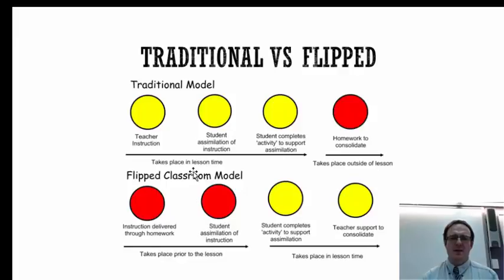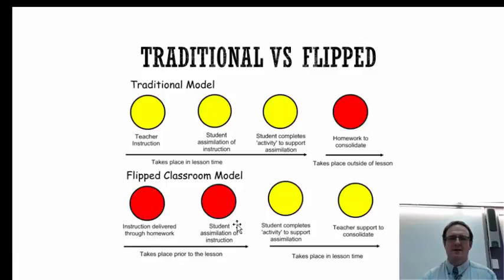So instead of the instruction happening within the classroom, the instruction is actually happening outside of the classroom, often via video screencasting. You can see here what takes place prior to the lesson. Instruction is delivered through homework, such as a screencast.